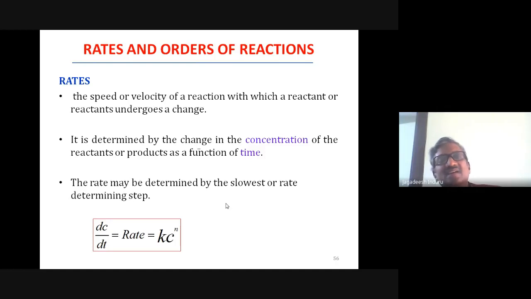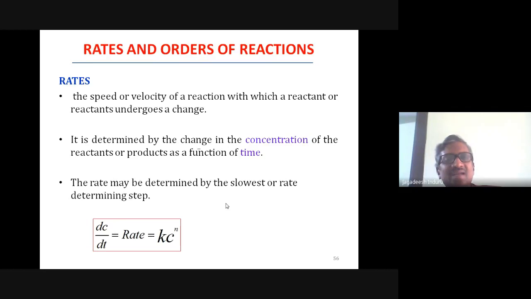This is called the rate. It is determined by the change in the concentration of a reactant or a product with time. So you can estimate how the starting reactant is decreasing, and also how the ending product is increasing. Both convey how the reaction rate is progressing.